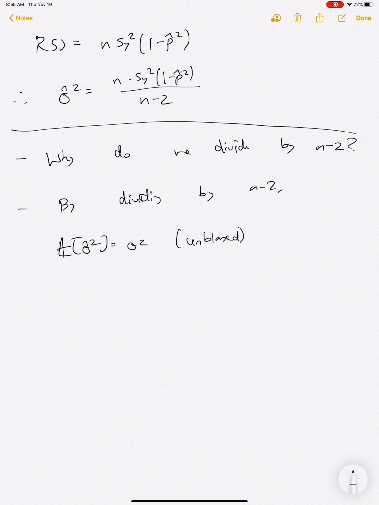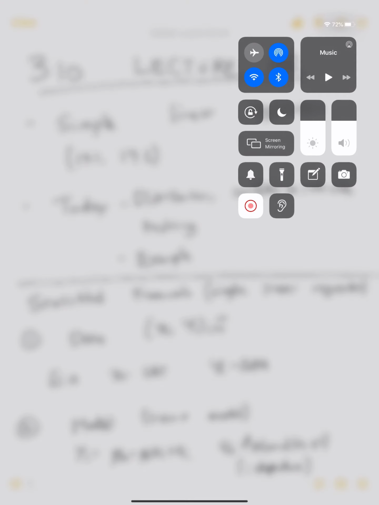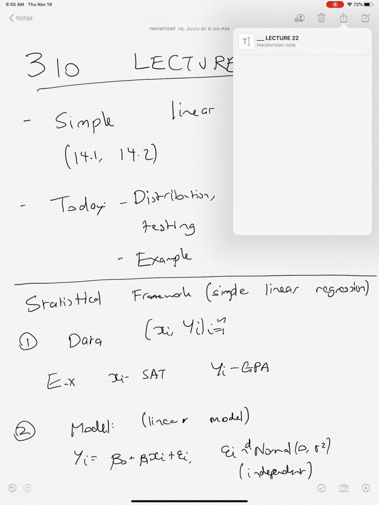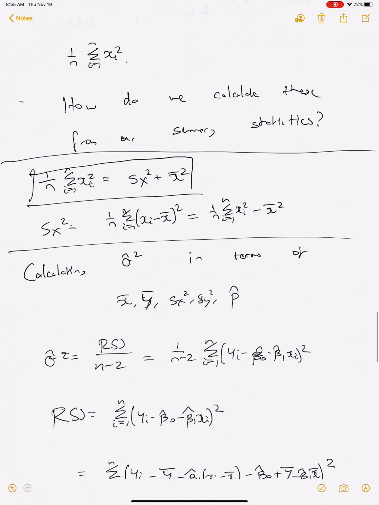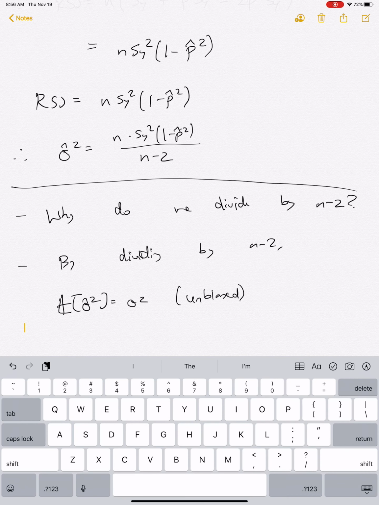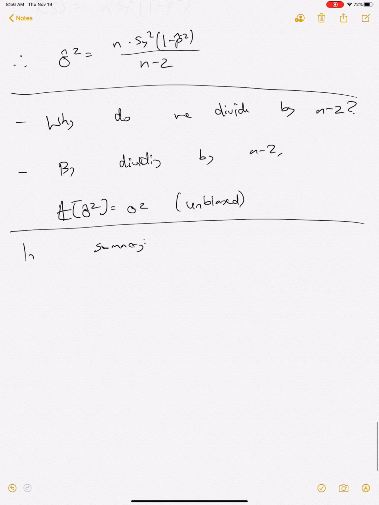Okay, and so just to summarize that, in summary, we've done all the calculations we now need to do anything we want to do with simple linear regression.